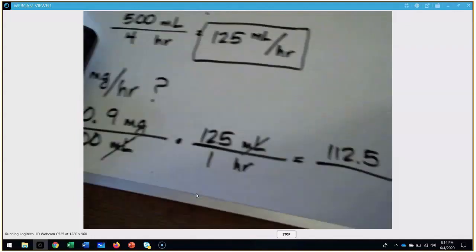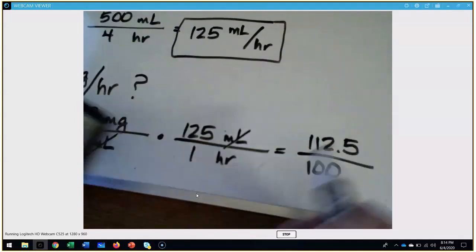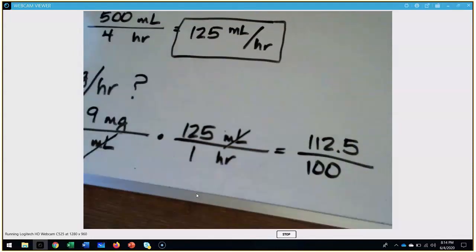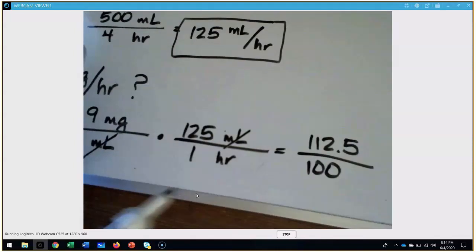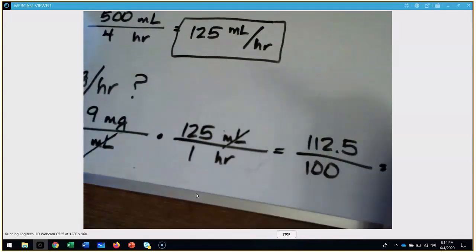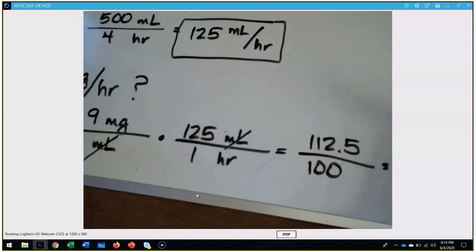100 times 1 is just 100. And then I'm going to divide this through. 112.5 divided by 100 is 1.125. And now it's in milligrams per hour.